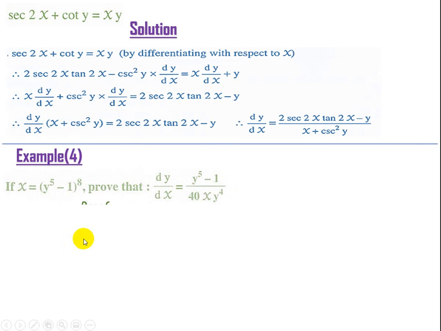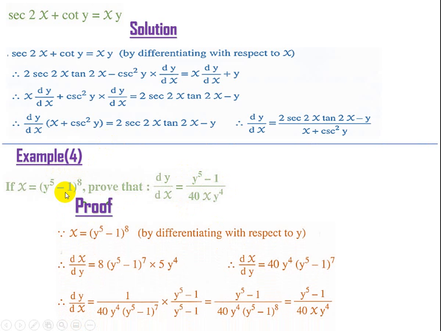Example number 4. y = (x^5 - 1)^(1/8). Prove that dy/dx = (x^5 - 1)/(40 x y^4). By differentiating with respect to y, dx/dy = 8 (y^5 - 1)^7 times the derivative of y^5, which means 5y^4. So dx/dy = 40 y^4 (y^5 - 1)^7. So dy/dx = 1/(40 y^4 (y^5 - 1)^7).